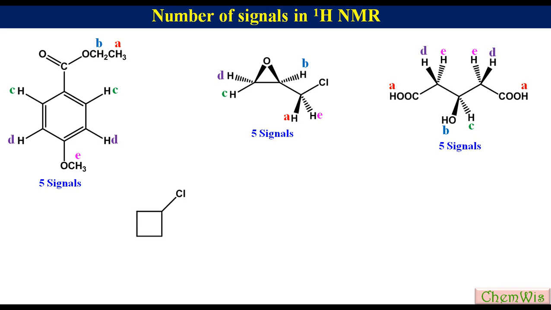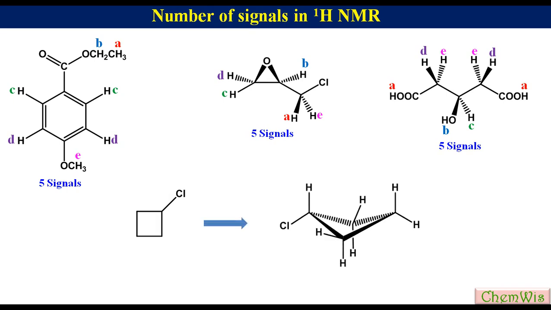Chlorocyclobutane. It will be more clear if we draw the 3D structure of this molecule. Now we can see that it has 5 different sets of protons A, B, C, D and E. So it will have 5 signals in the proton NMR.